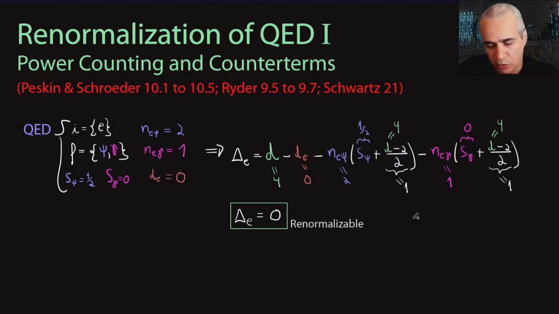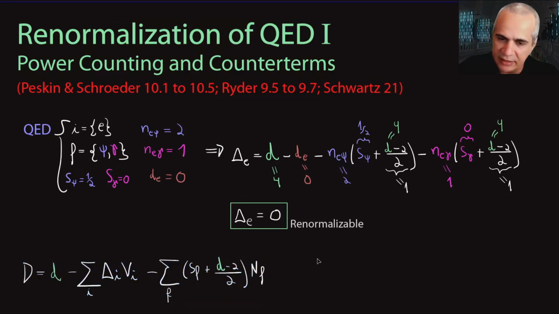We also saw in that same lecture that in general, the superficial degree of divergence for any theory can be given by this expression right here, where you're summing over all the interactions in your model and you're summing here over the fields that you have. Right?